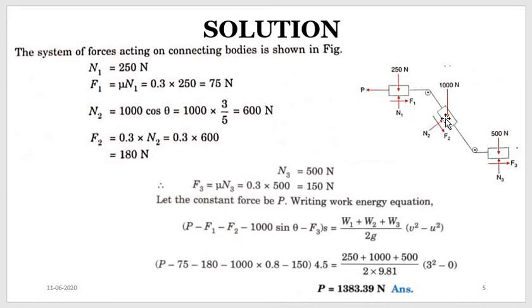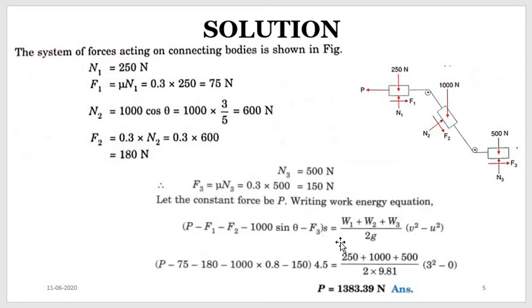Then the component of weight parallel to the plane, which is minus 1000 sine theta. Then minus F3. So this is the net force acting in the system. So net force into the displacement. So due to this force, its displacement is S.